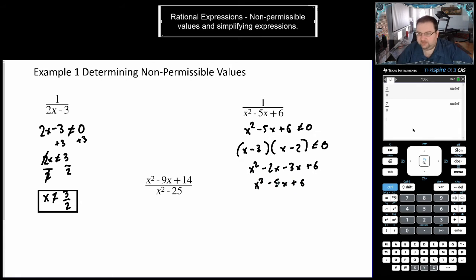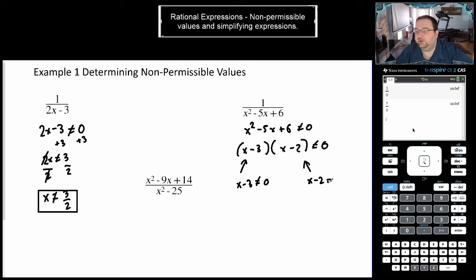So we know that that factor, what we did there, is good. So here we go. X minus 3 times x minus 2 cannot equal 0. Now we have two things we can work with, right? We can set this parentheses equal to 0. So x minus 3 cannot equal 0. And we can do the same for this one.